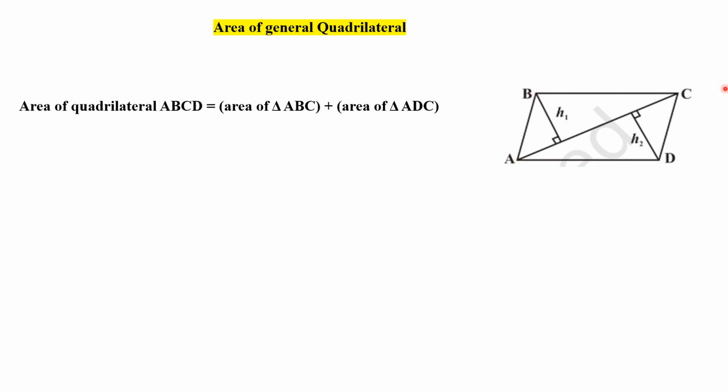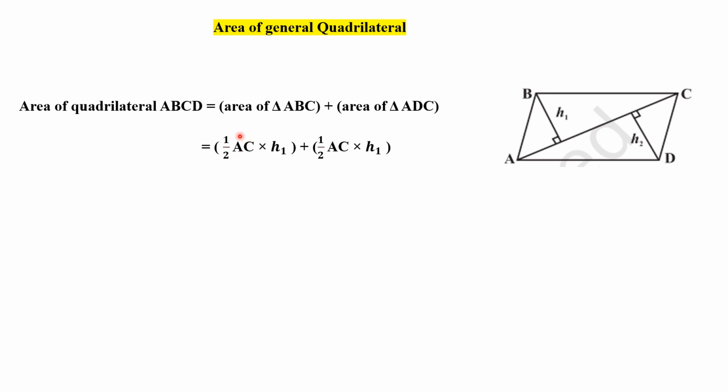Now if you recall the formula of the area of the triangle, it is half into base into height. In triangle ABC, your base is AC and the corresponding height is H1, isn't it? So area of triangle ABC will be half into AC into H1. In the same way, area of triangle ADC will be half into AC into H2, isn't it?